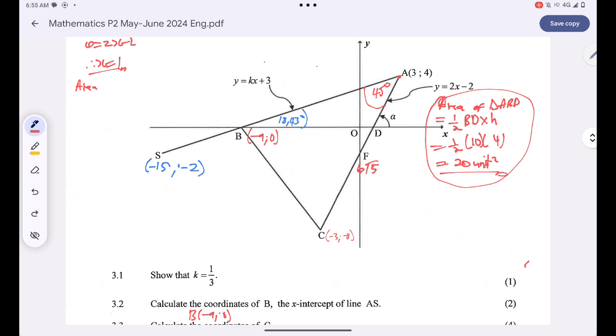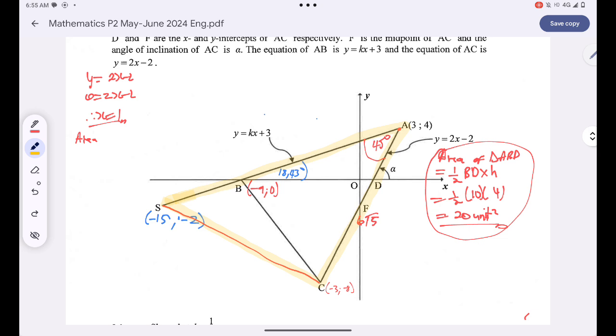For ASC, that means we must construct a line over there, and then ASC will simply represent this triangle there. Are you together? I can simply use the area rule to find the area of that triangle. How can I do so? Firstly, I need to find the distance of AS.